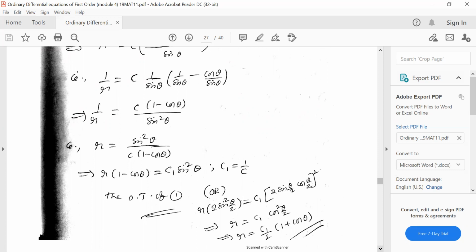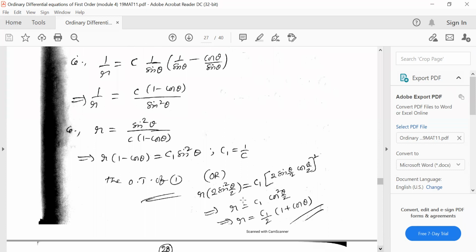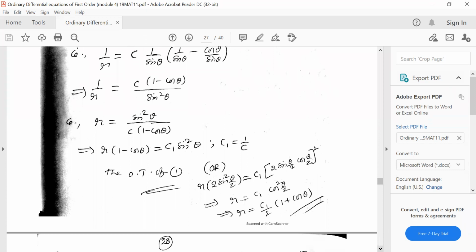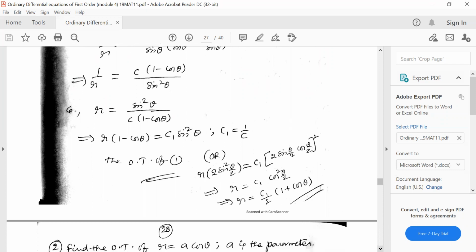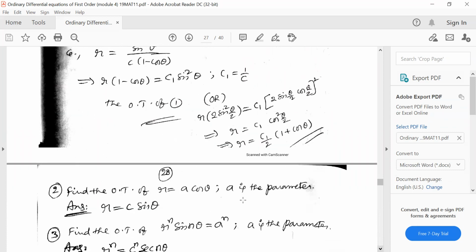How to write 1 minus cos theta? 1 minus cos theta is 2 sine square theta by 2. Like that we have written here and made it a convenient form, like r equal to a constant into 1 plus cos theta. Like that also we can bring it to a convenient form.